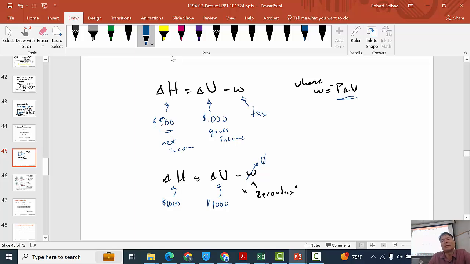We have cases like this, when we have a tax. Let's see, maybe I'll do it like this: minus 900 minus. This is how much we're going to net as the surroundings, let's say.